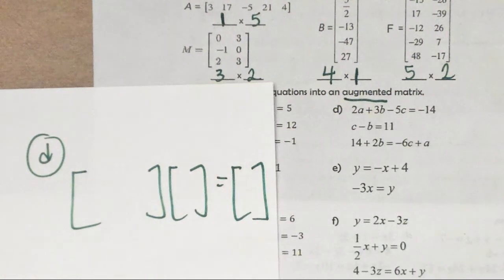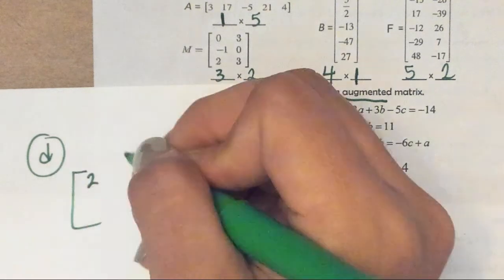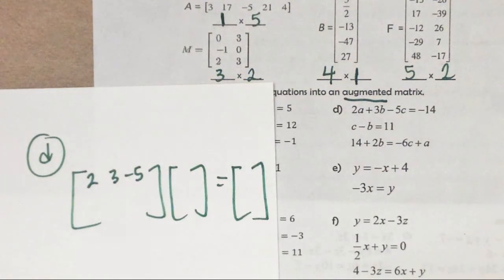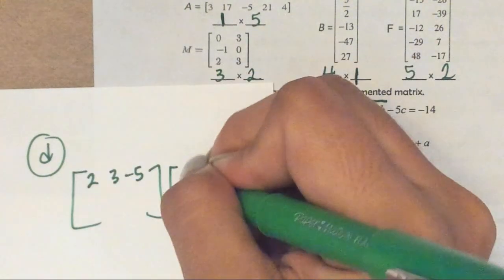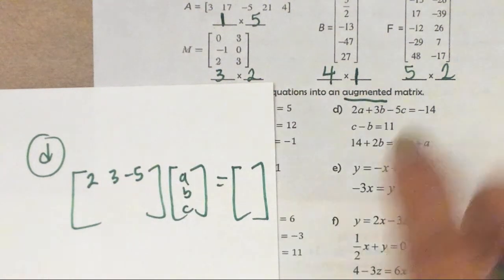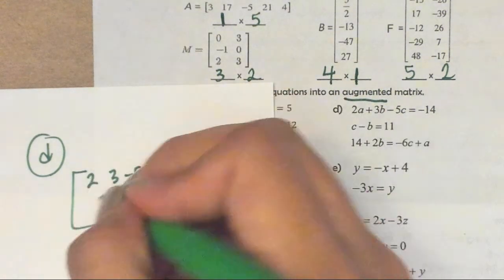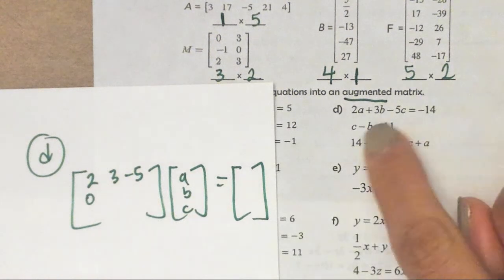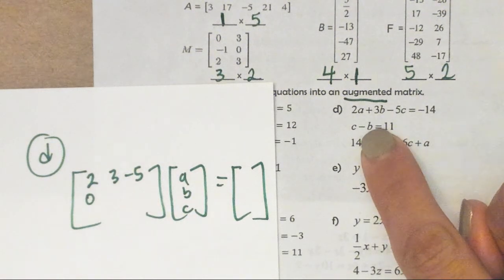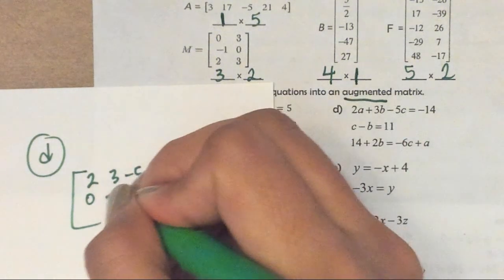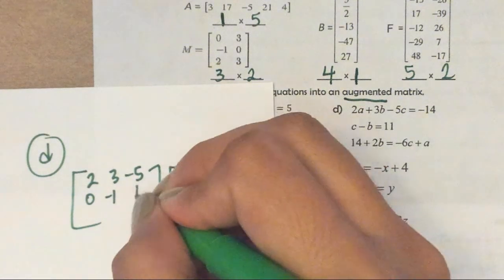I have 2, 3, -5, and I'm comparing A, B, and C. And then here, there's no A, so I'm going to put a 0. The leading coefficient in front of the B, even though you don't see it, is a -1. So I'm going to put -1, and then my C is 1.